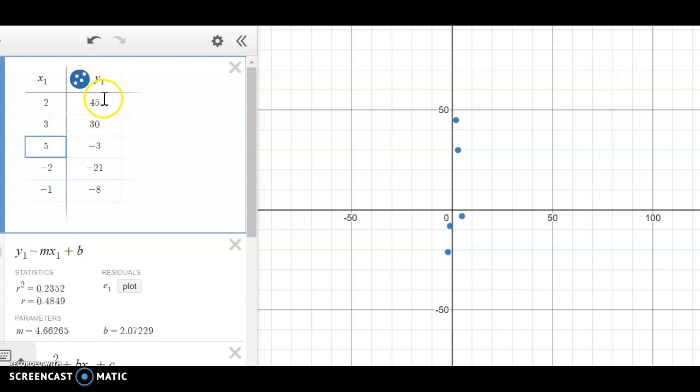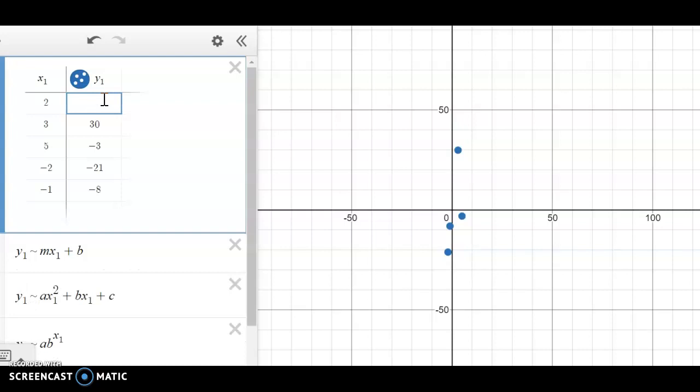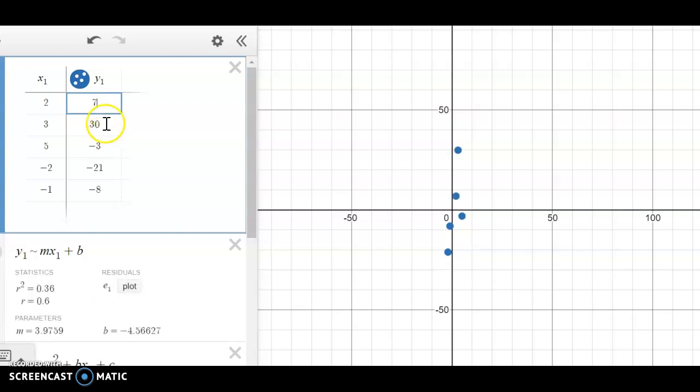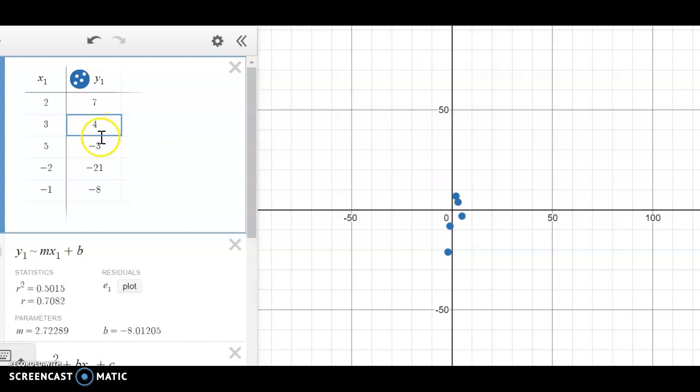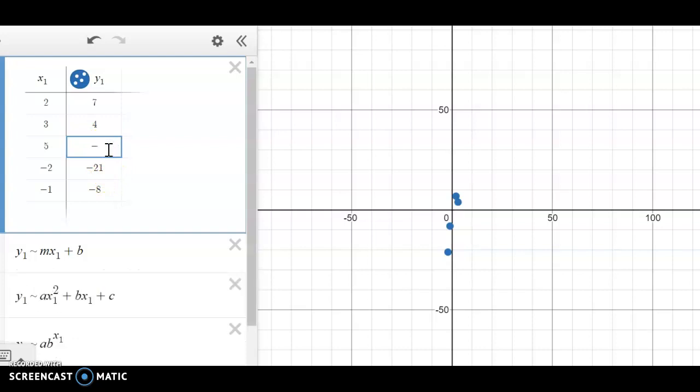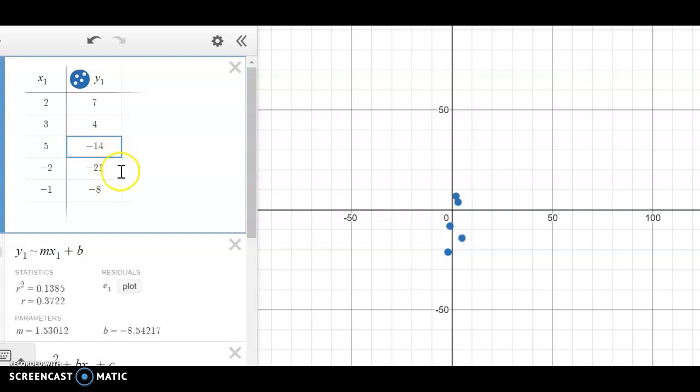I'm taking them completely out of order because I was being lazy and didn't want to delete as much. So 2 goes to 7, 3 goes to 4, 5 goes to -14.